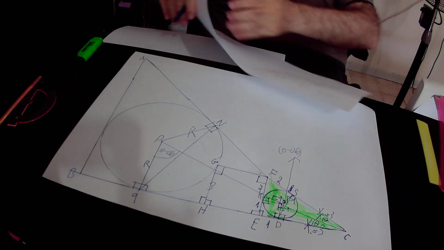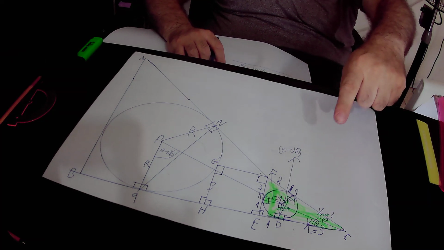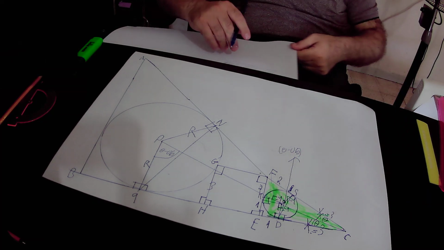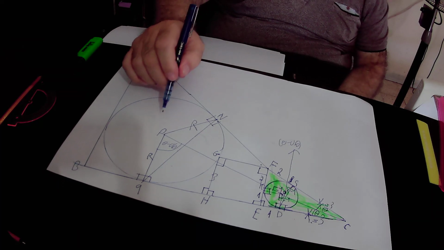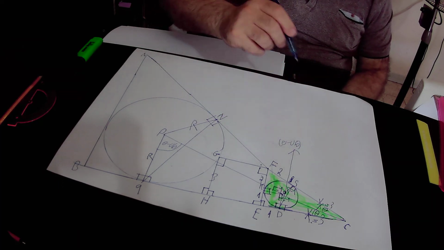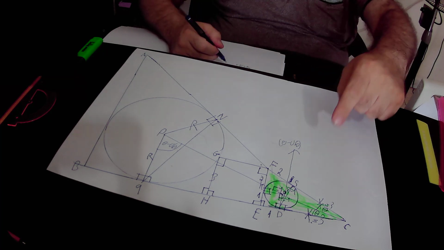Finally, this angle theta is a common angle that belongs to both triangles, so angle theta equals itself. We can name angle theta as angle PCQ, that is equal to itself.